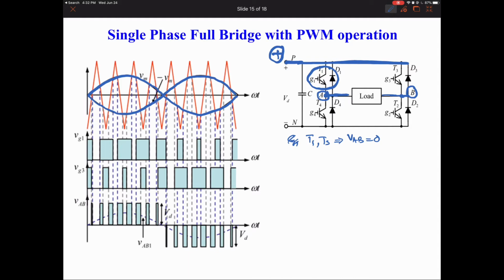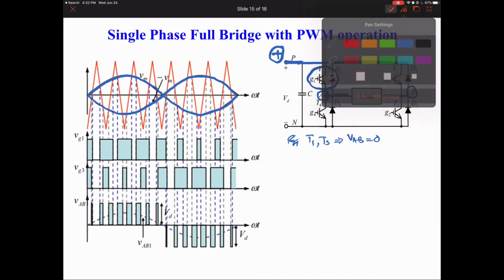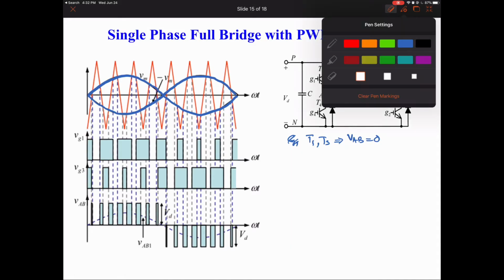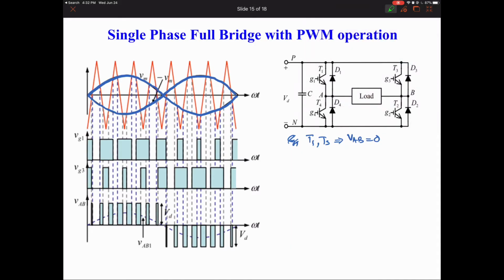Okay, now if I say that with the switch S1, our switch S2 or T2 is in the on state. So if I turn on this switch and this switch is in the cross. Okay, so what will be the load voltage?